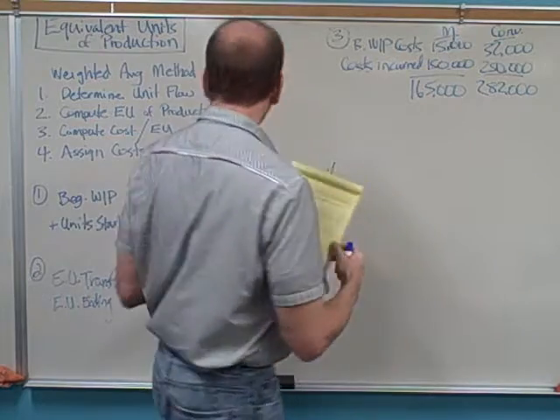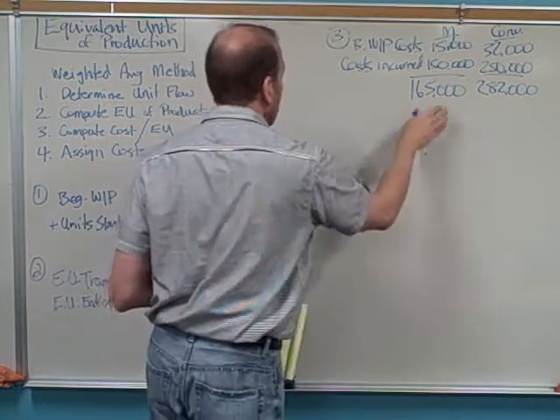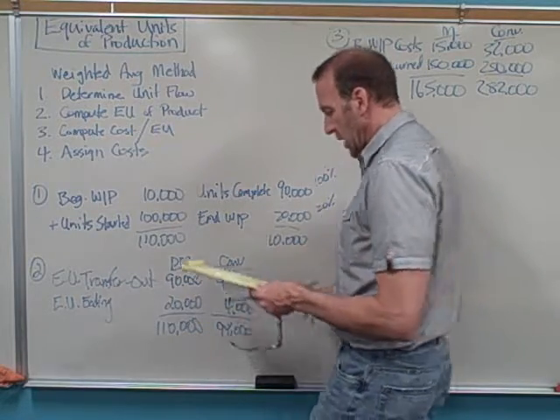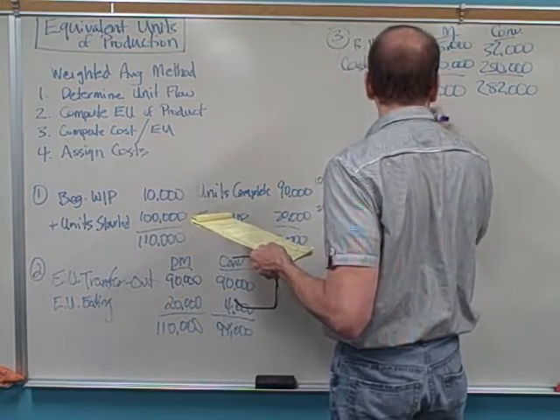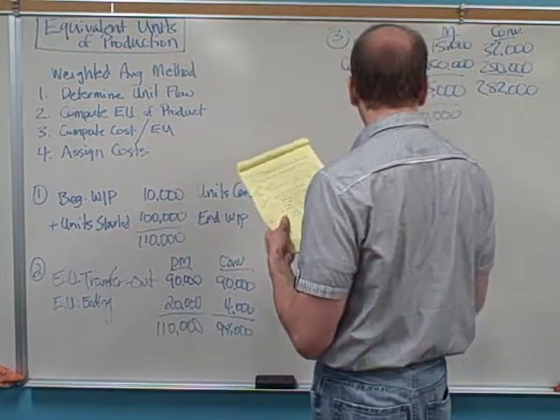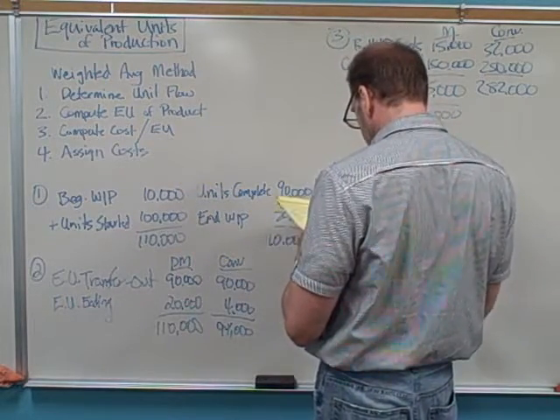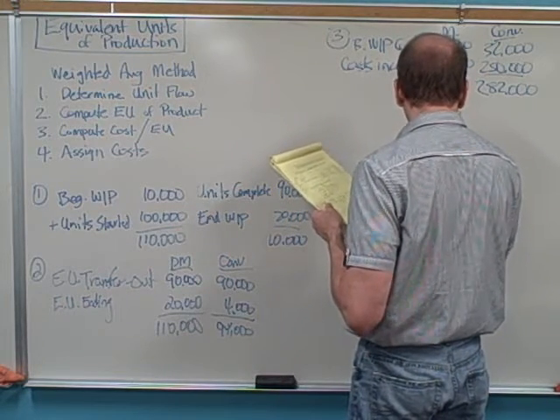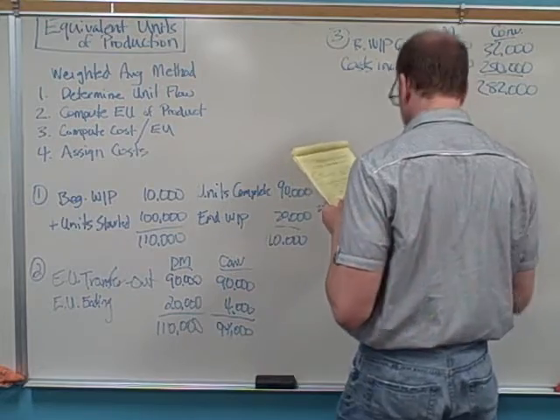Now what we're going to do, because we want to get the cost per equivalent unit, we now have the cost. The equivalent units are down here. We go back to step 2, and we're going to pick up the 110,000 and divide the 165,000 by 110,000, and that gets us $1.50 per equivalent unit.